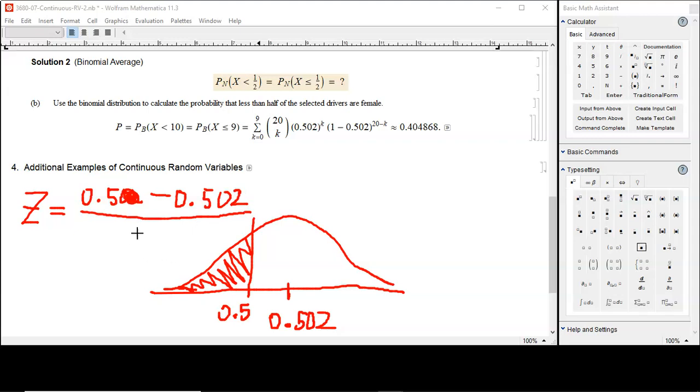And then down here, you have to calculate the standard deviation, which is the square root of 0.502 times 1 minus 0.502, over 20. Oh my, I am running out of space. Calculate this value, you're going to get the z-score. And then based upon that z-score, you can look up the table and do your computation. You're going to get something. Ready? Let's go ahead and do that.